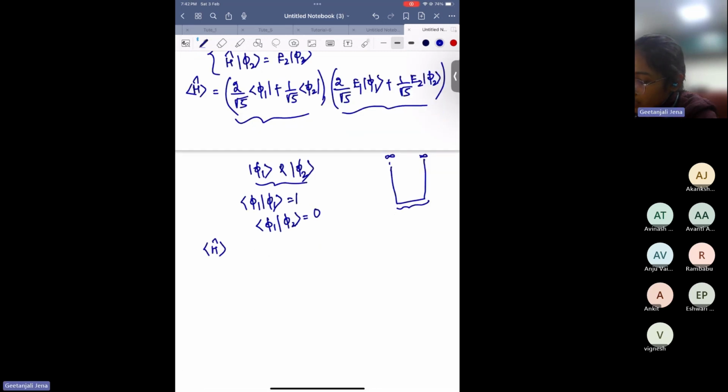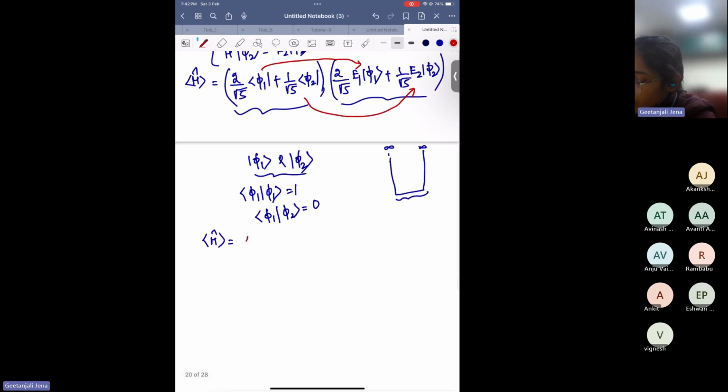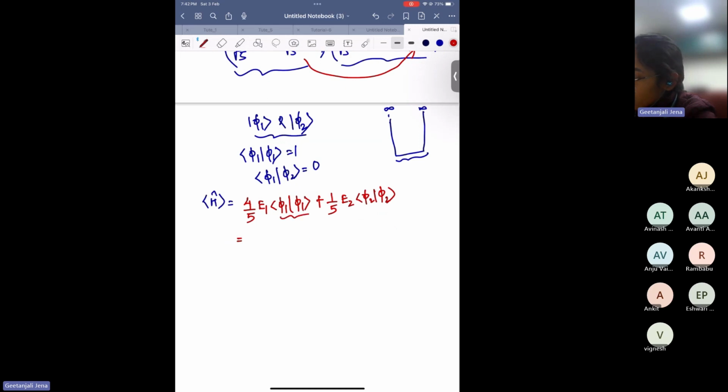So now the only non-zero terms will be this multiplied by this and this multiplied by this. So this is nothing but 4 by 5 E1 times phi 1 phi 1 plus 1 by 5 E2 times phi 2 phi 2. These inner products are all 1, so it is 4 by 5 E1 plus 1 by 5 E2.